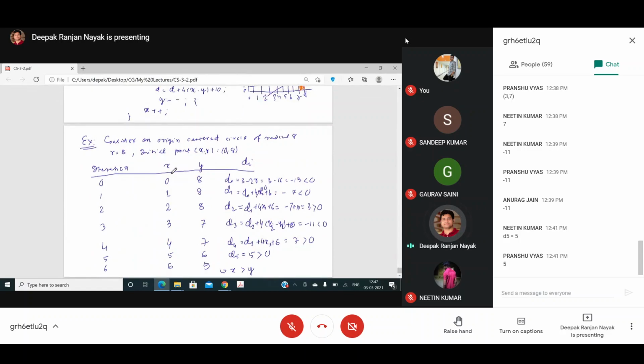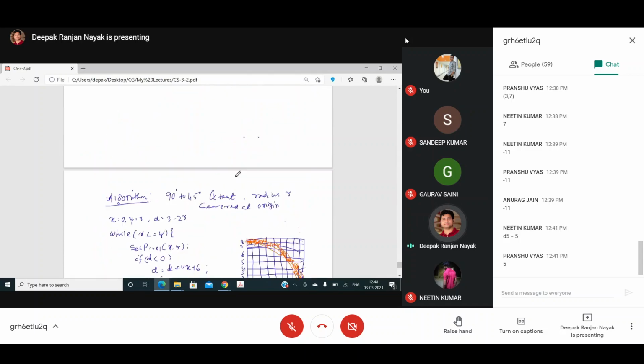If you want, you can consider some other values of r. Then you can also solve the problem. As I mentioned, if the circle is not centered at the origin, if the center value is given to you in the question, then you have to first calculate the pixel values for the circle centered at the origin. Then you add the value of those.